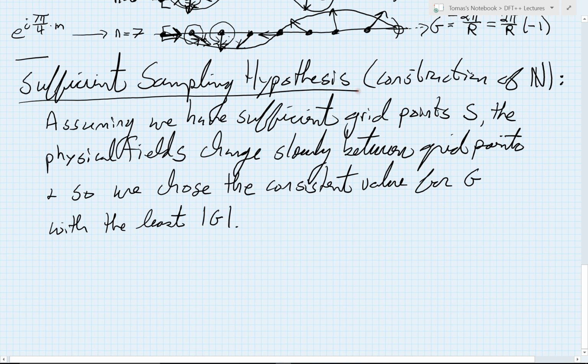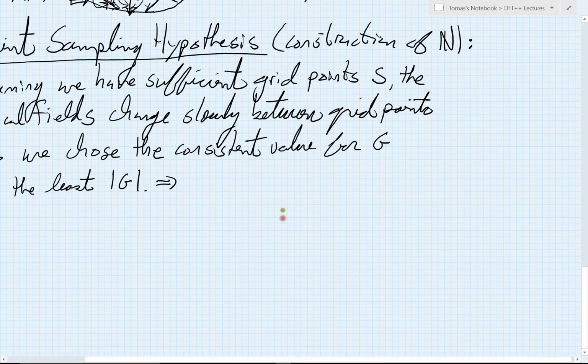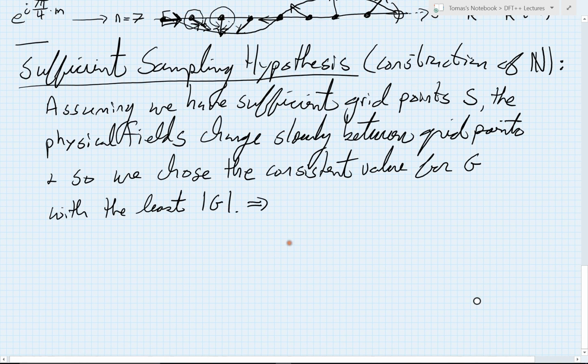Now, how can we know if a given calculation satisfies the sampling hypothesis? Well, and of course, this prescription that I just gave you gives us our rule for n, that n should start at 0, 1, count all the way up to s over 2.